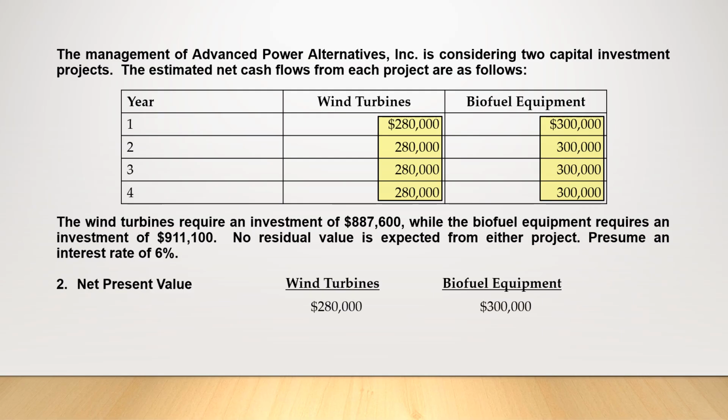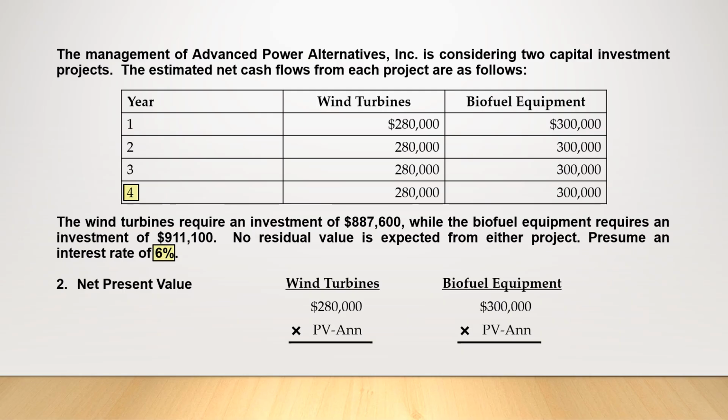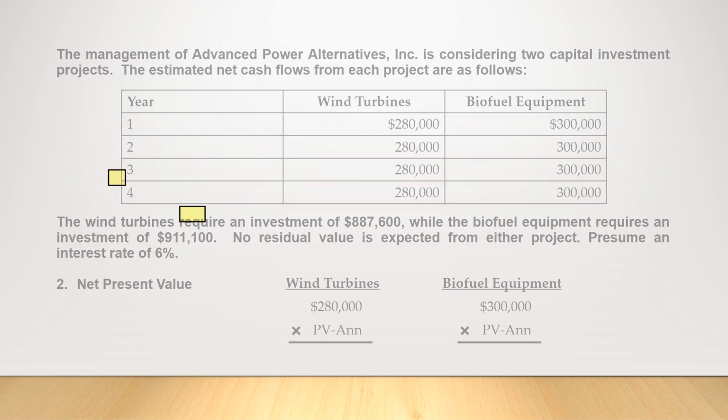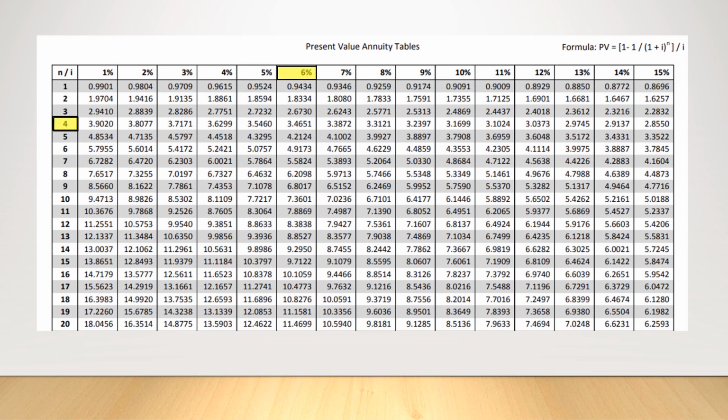Multiply these amounts by the appropriate present value factor of an annuity. Find the factor for 4 years and at 6%. $3.4651.